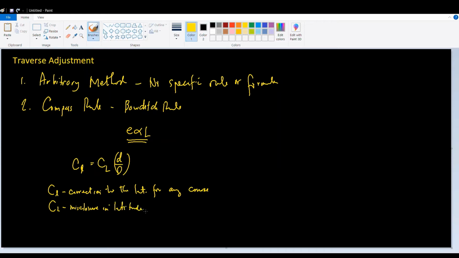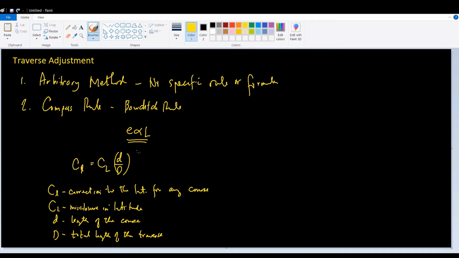Now d refers to the length of the course, so if it is line AB or line 1 or whatever. And D refers to the total length of the traverse, or the entire perimeter.